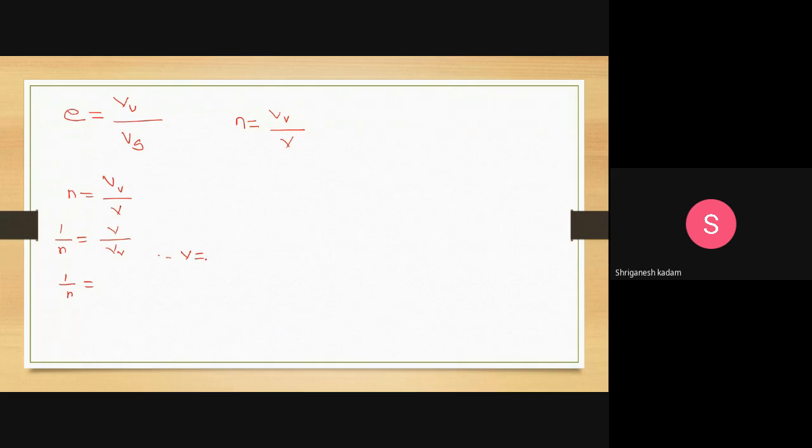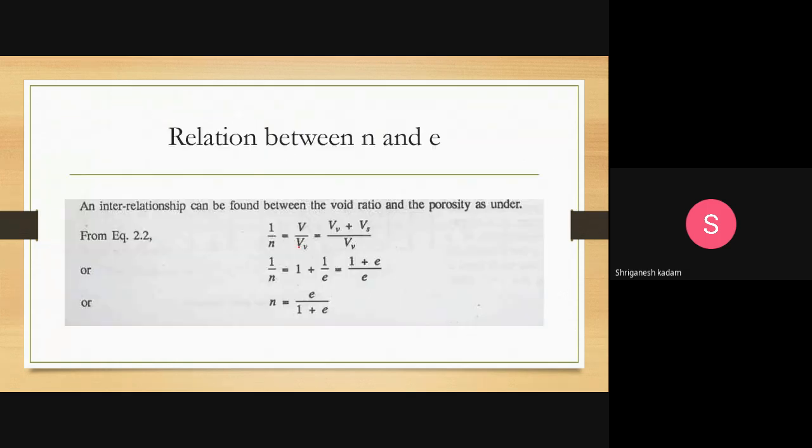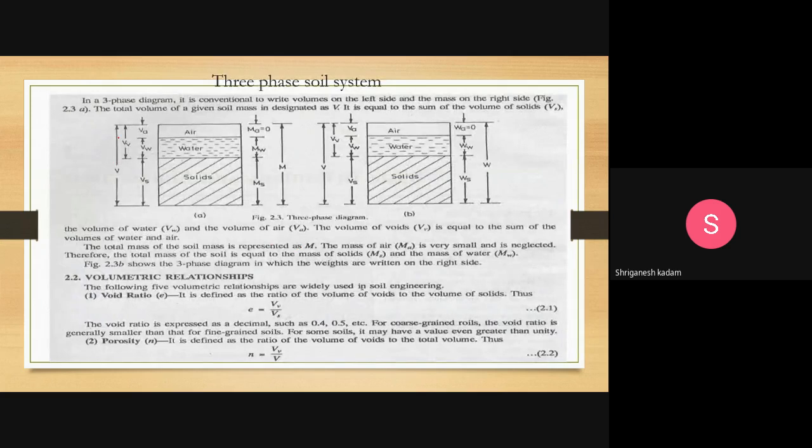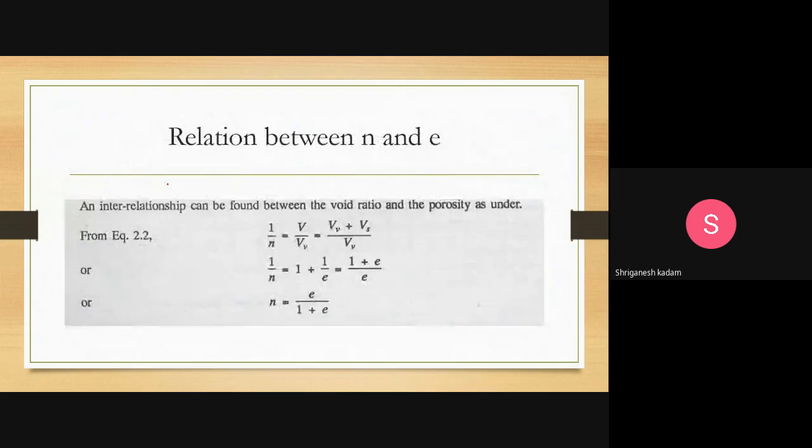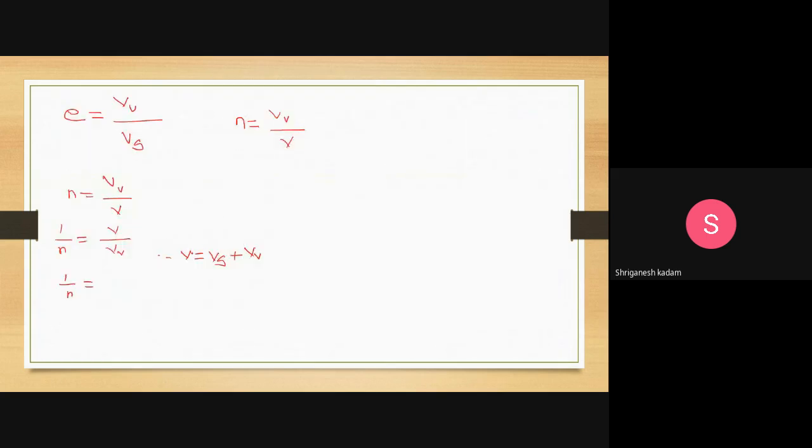So what is the total volume of soil? It is nothing but volume of soil solid, that means Vs, plus volume of voids. So instead of V, now I will write Vs plus Vv, divided by Vv.